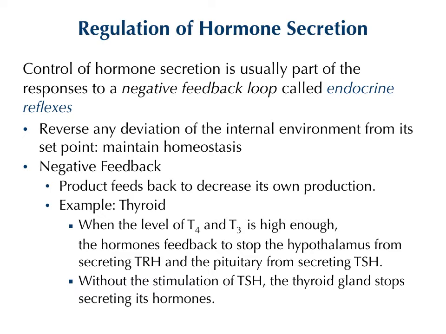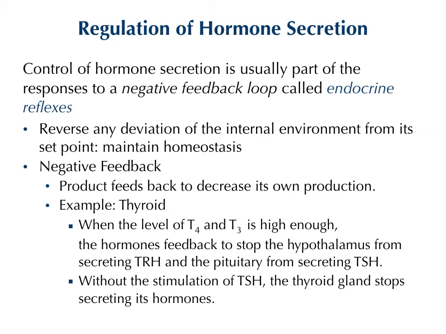And while your textbook goes through the insulin system as an example of a negative feedback loop, I think a more clear-cut example of this is using your thyroid hormones. We'll learn the system in greater detail in the next chapter, but basically, your thyroid produces two hormones, T3 and T4. And when the levels of T3 and T4 get high enough, the hormones will feed back to stop your hypothalamus from secreting thyroid-releasing hormone and the pituitary from secreting thyroid-stimulating hormone.